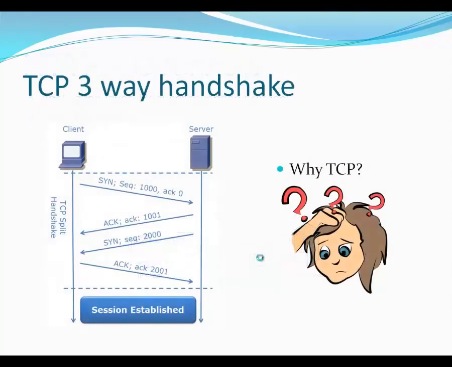As we spoke, the underlying protocol is TCP, with the three-way handshake. Now, what is this, and why TCP? The very first question: why not UDP? TCP is chosen over UDP for various reasons. A few are very obvious, like it's a more reliable protocol.